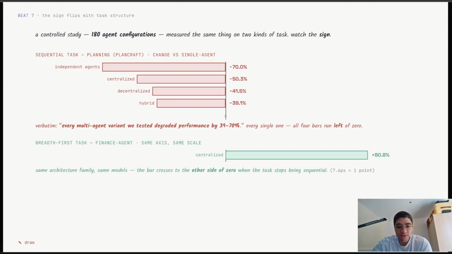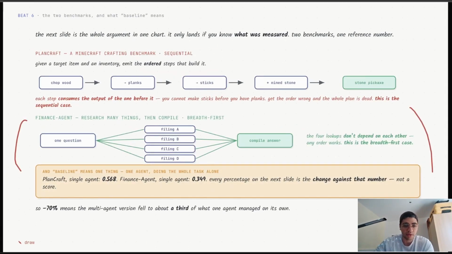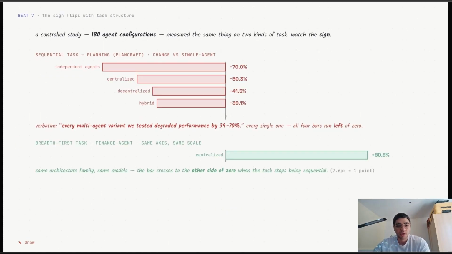Now, if you do the same study, but you're going with the finance agent benchmark, you're actually gaining performance. And this is the point of all I'm saying in this series or this channel. It's really a case by case. It's a real discipline on its own. It's not something you're going to pick for one side and say, okay, this is the solution I'm picking.